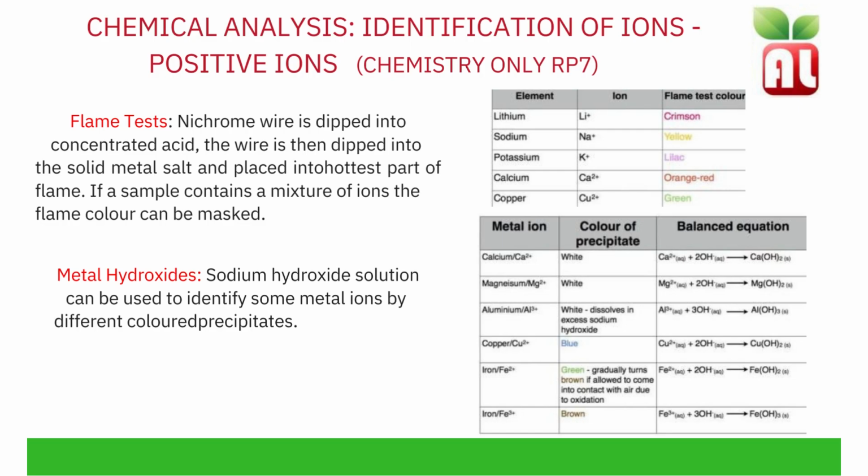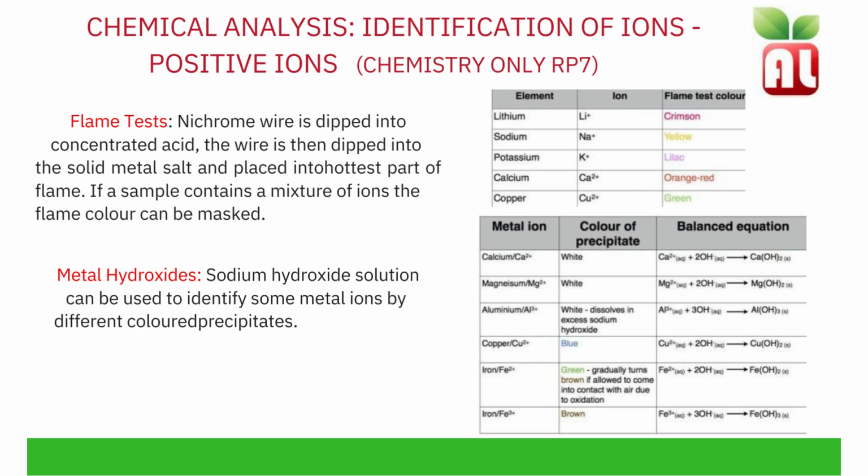Magnesium ions do not produce a significant coloured flame. So to distinguish your aluminium ions, you add excess sodium hydroxide. On the addition of excess sodium hydroxide to your aluminium hydroxide precipitate, it will redissolve.